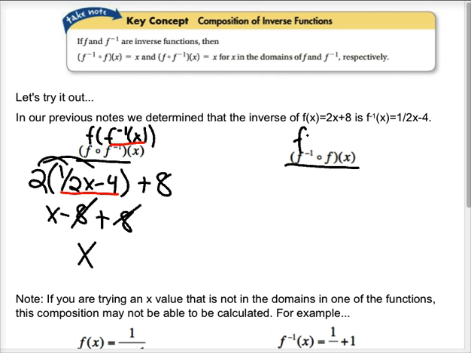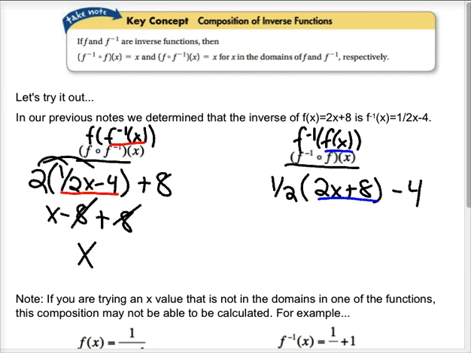Now let's try it the other way. This time, let's put the original function into the inverse function. All right, so I put the original function in for x in the inverse function.